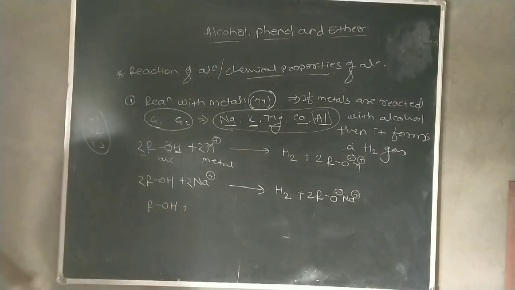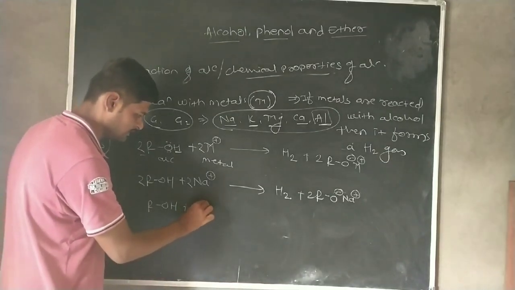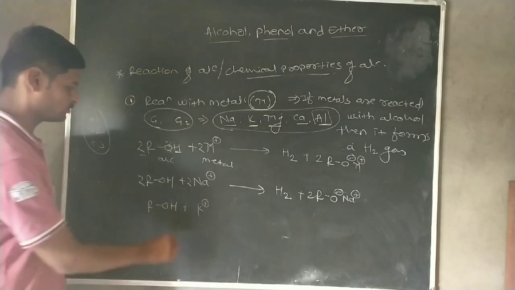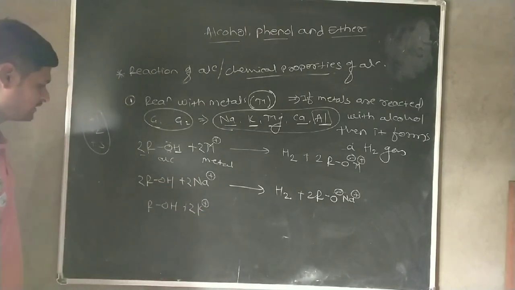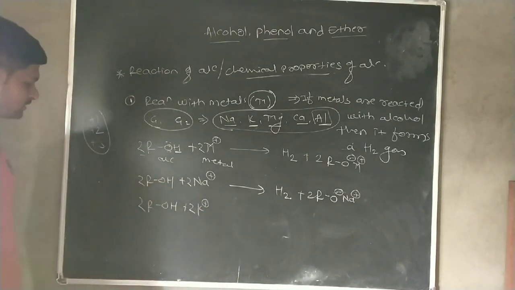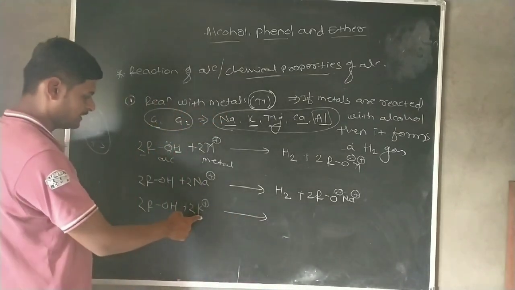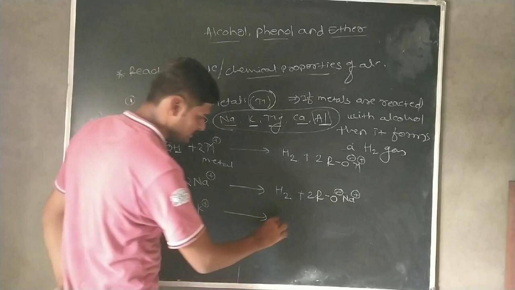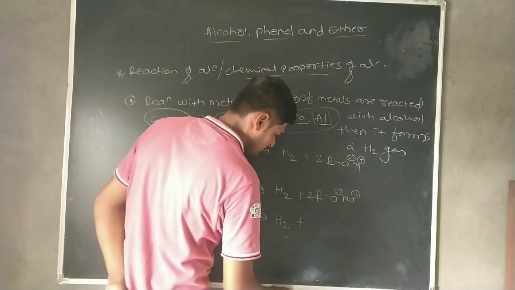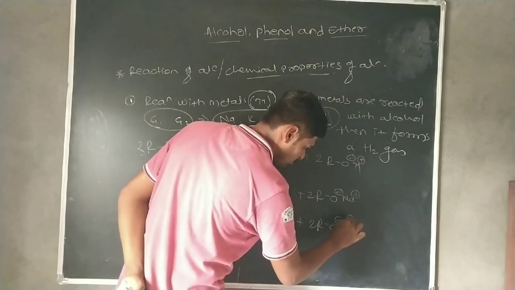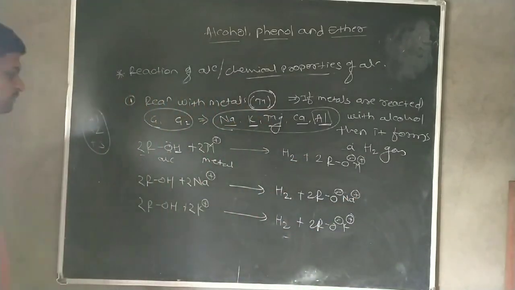After that we take potassium, K+. Sodium and potassium show similar reactions. There are 2 K+ ions and 2 alcohols here. Potassium is reacted with alcohol, hydrogen gas is eliminated, and it forms the potassium salt of the alkoxide ion.